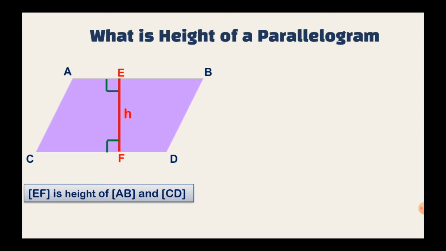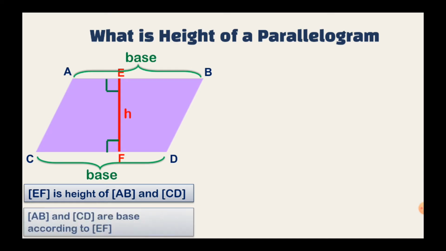So, sides AB and CD are perpendicular to the height. So, these are bases according to height EF. Well, let's draw another height between the other opposite sides, which are AC and BD.